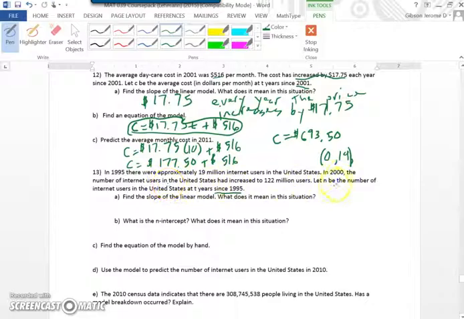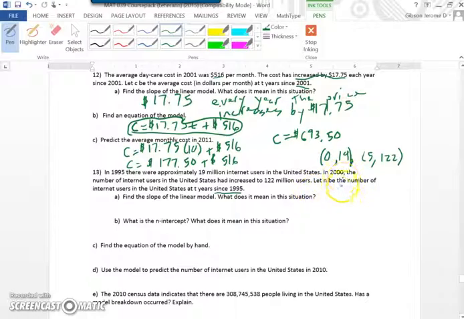Now we go to the second batch, which starts in 2000. From 1995 to 2000, we know that that's 5 years. And it increased to 122 million. So this is assumed to be in millions. So we have 0, 19, 5, and 122. So now we need to find the slope. So I need to go to a clear spot here.